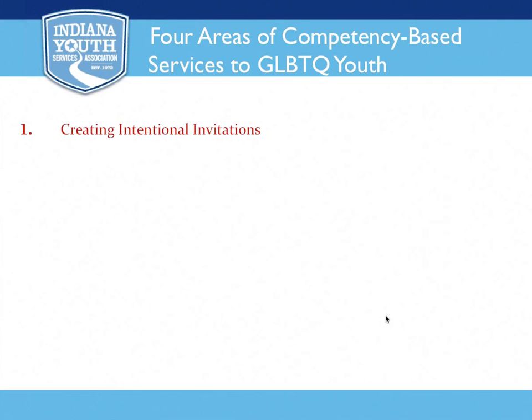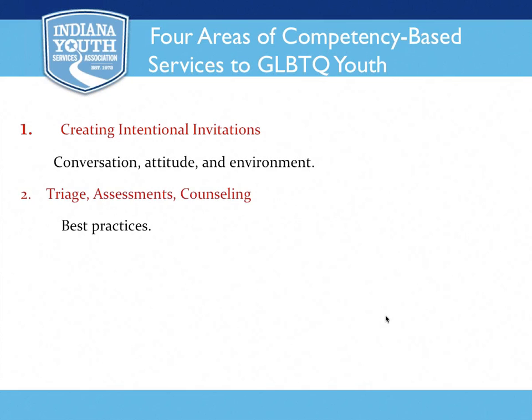The first is creating intentional invitations, which includes the conversations we have with young people, our attitude, and the environment in which we engage them. The second is triage, assessment and counseling, where we'll look at some best practices for working with young people who are LGBTQ.